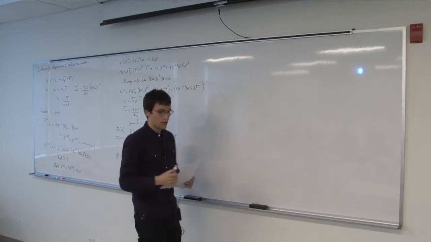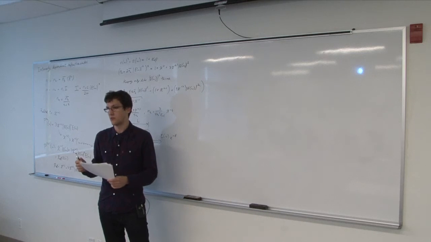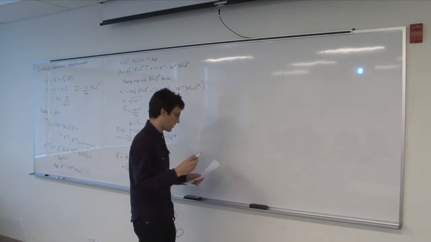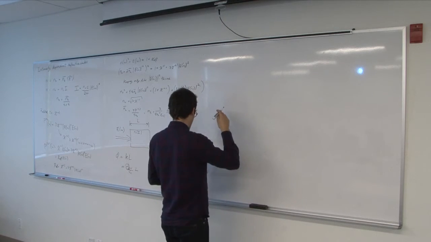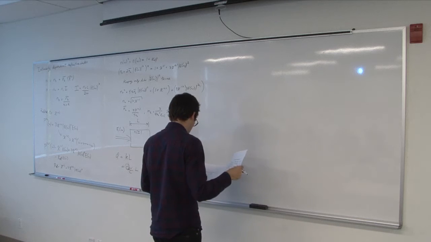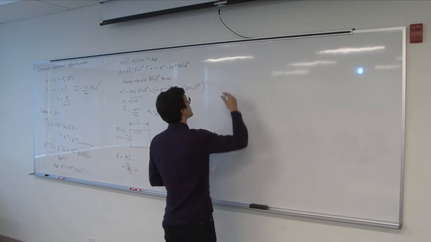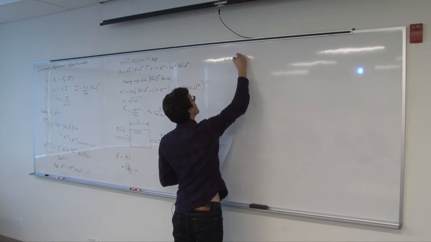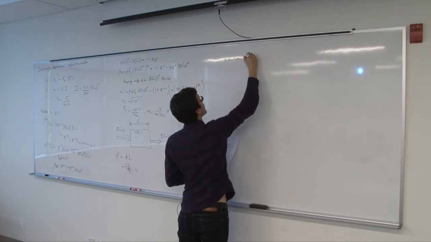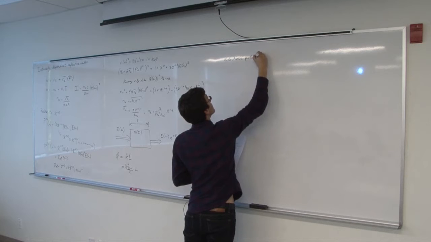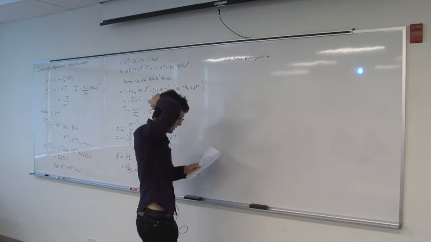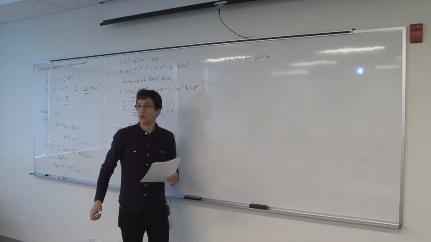So there's basically many mechanisms that can lead to this intensity-dependent refractive index. One mechanism that you're familiar with is electronic polarization. So this is the one that we often talk about.